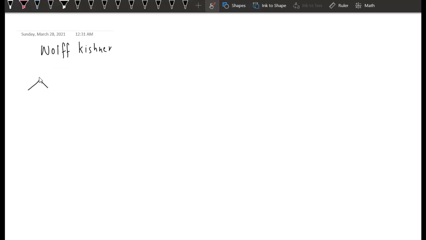So we said that if you have an aldehyde or a ketone, and if you react it with hydrazine, NH2 in the presence of acid, what you can end up with is a double bond N with an NH2, right? This is called a hydrazone. This is a hydrazine, right?